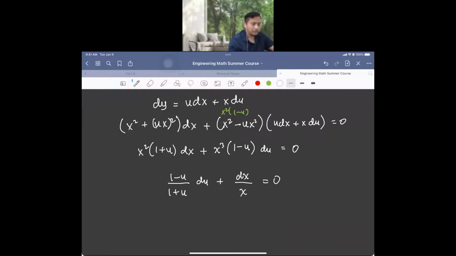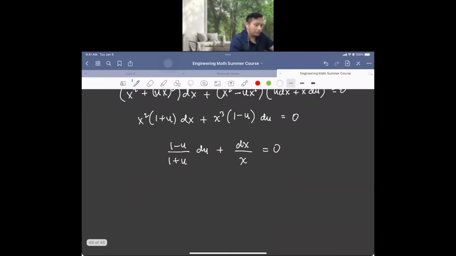Okay, now this is actually a separable one, right? A separable one. We can take both to different sides and take the integrations. Okay?